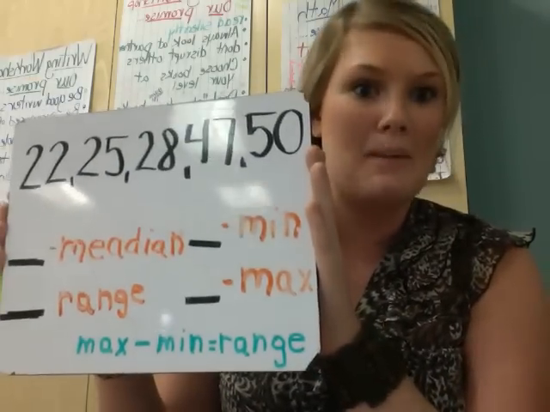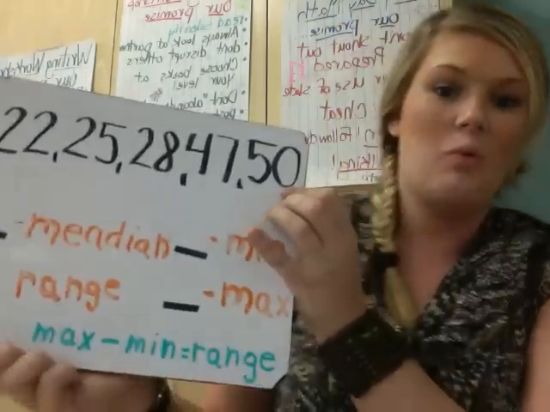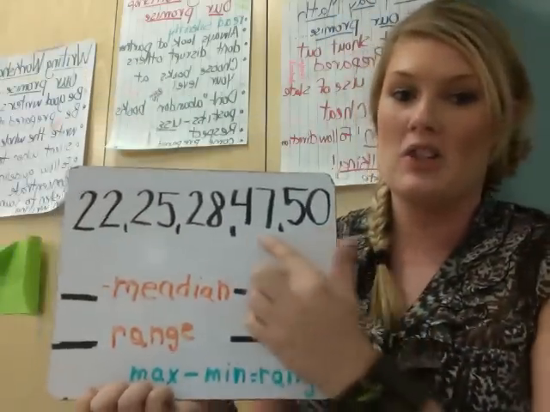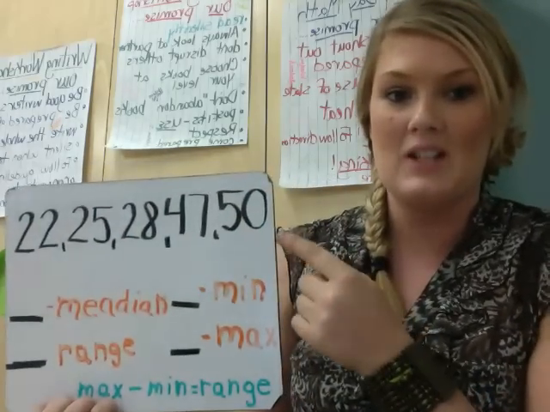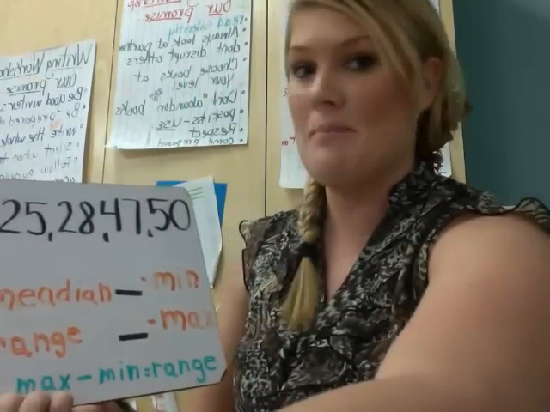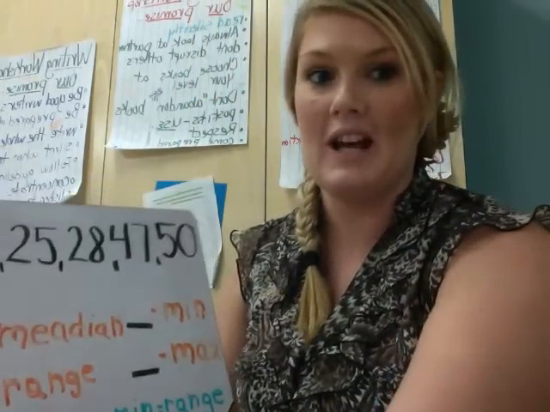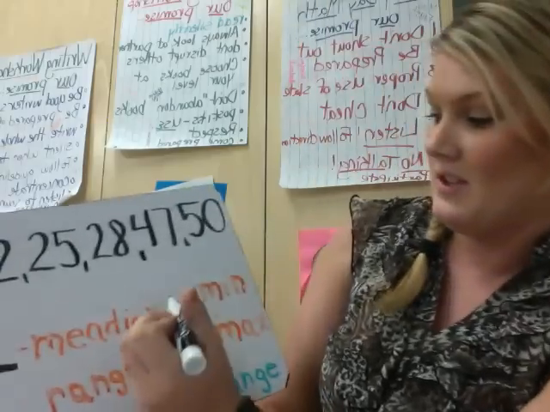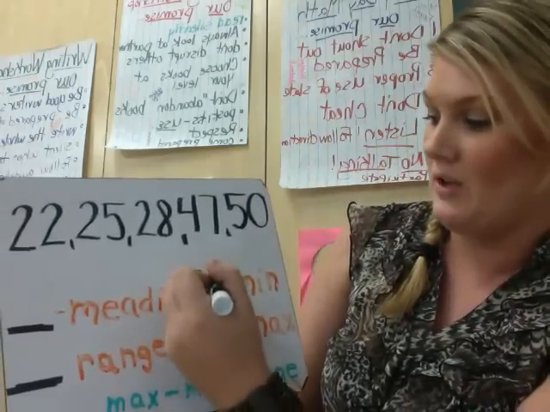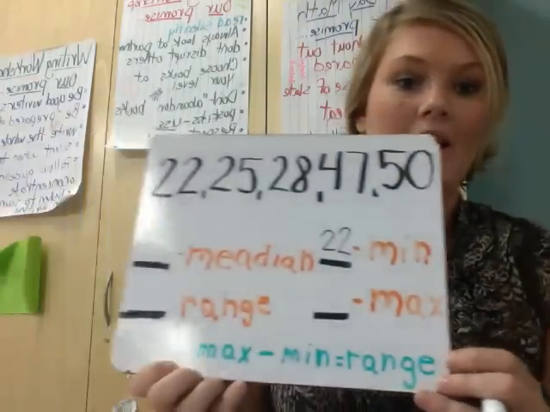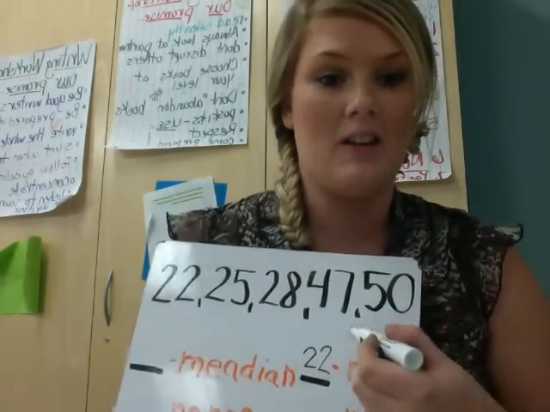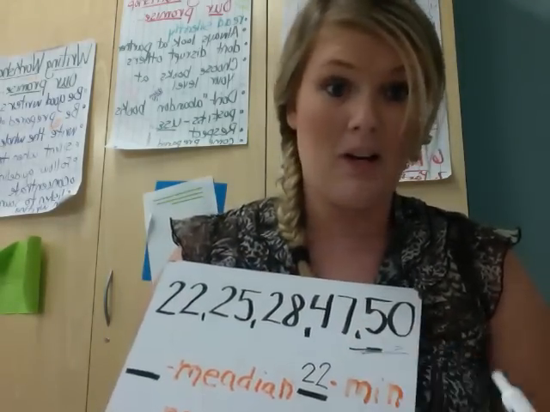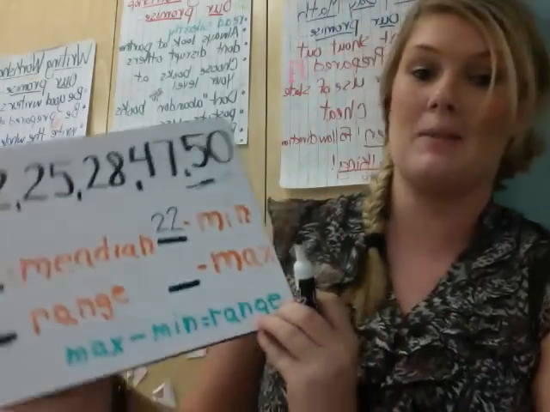So if we wanted the minimum of this data, we would take a look, and I've already arranged them in order, and you can see that my sister is 22 and my dad is 50. So our answer is going to be, for the minimum, 22, because that's our smallest number. So I'm going to write down 22. Okay? The maximum is my father, and he is 50. So I'm going to write down 50 for my maximum.